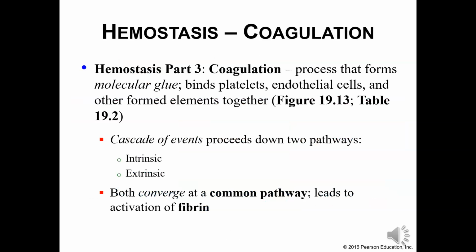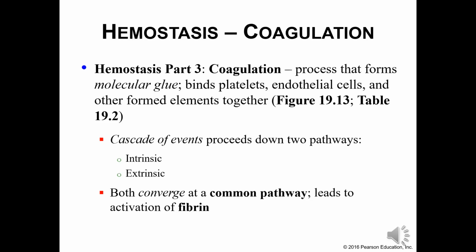Now we reach the third part of hemostasis, which is basically the coagulation cascade, or the coagulation. The process that forms the molecular glue which binds the platelets, the endothelial cells, and all the different formed elements together. It actually is a set of two pathways, but it's a cascade of events where one event activates the other. The intrinsic pathway and the extrinsic pathway.